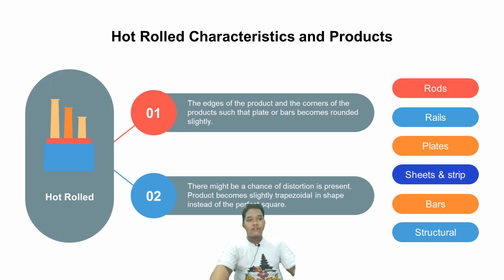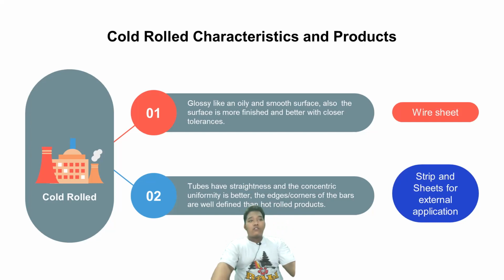In the cold roll process, the characteristic is a smooth, glossy, and slightly oily surface, with a better surface finish and closer tolerances, so it creates a more accurate product.